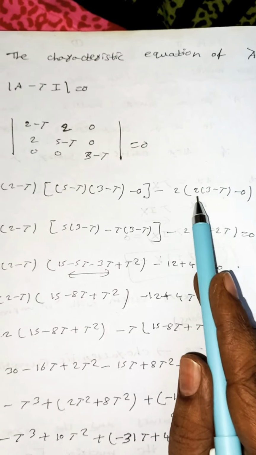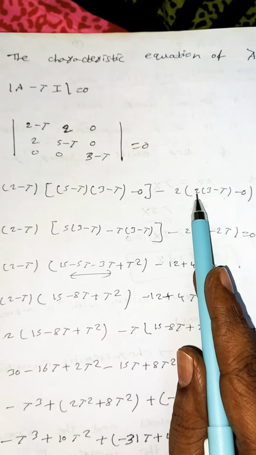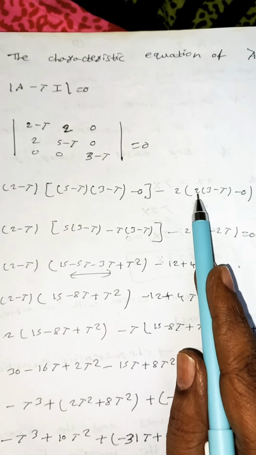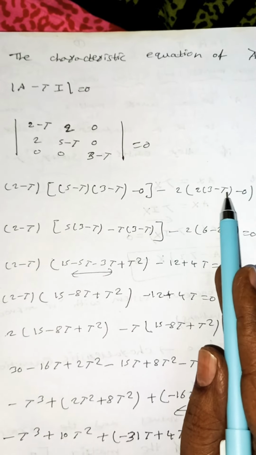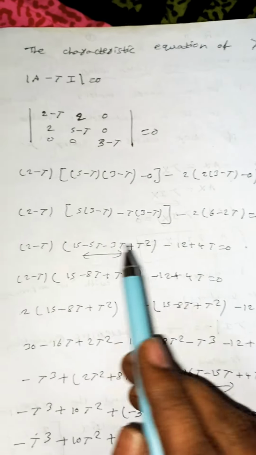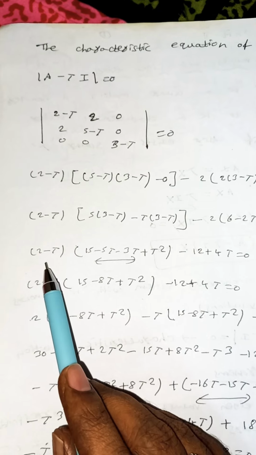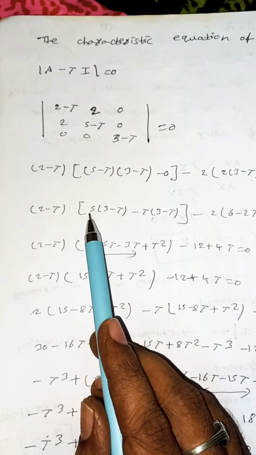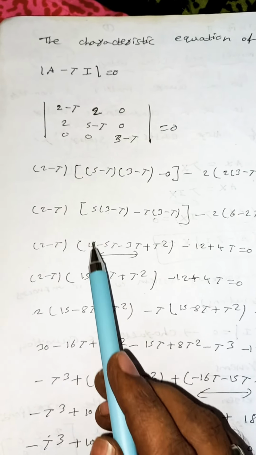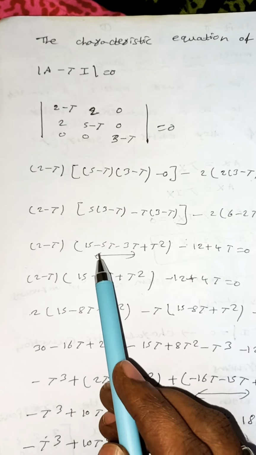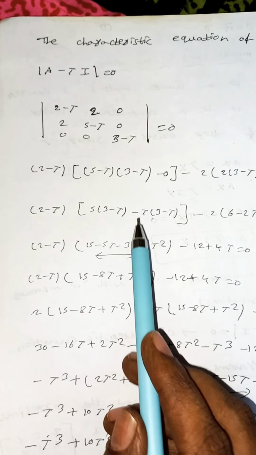Minus 2 into, multiplying 2 inside: 2 into 3 is 6, plus into minus is minus, 2 into lambda is 2 lambda, equal to 0. Write 2 minus lambda as it is. Now multiply 5 inside: 5 into 3 is 15, plus into minus is minus, 5 into lambda is 5 lambda.